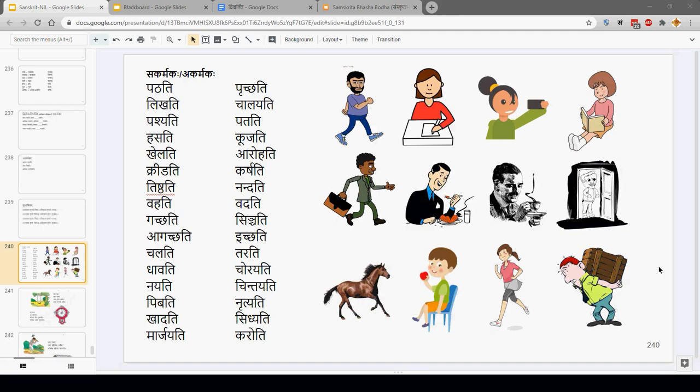That is intransitive. Tarati is also used as crossing over something, like he crossed the river. When it is used in the crossing sense, it becomes transitive. Some verbs are like that. Based on the meaning, they could be transitive and intransitive. Okay, next.